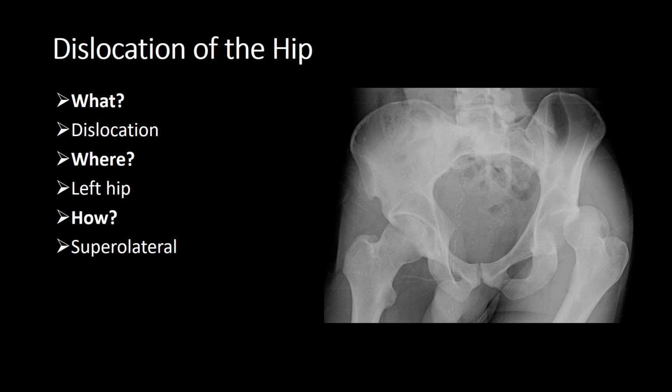So if you had the corresponding horizontal beam lateral hip, you would use your HBL view to dictate the how, whether it's going to be posterior or anterior. The how in this image is just on this single view, but if you have an HBL hip, you would use that second view to determine how you would describe the direction.